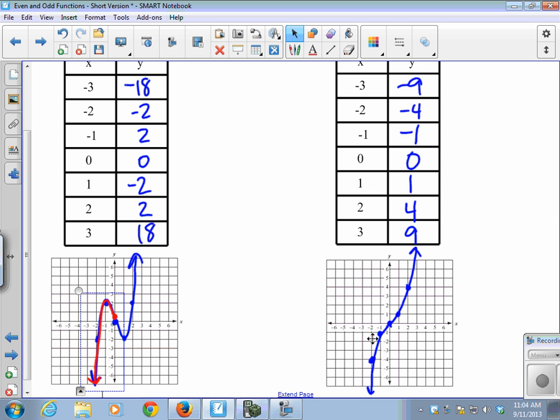Same thing would happen over here. I could take this part of the graph, rotate it down around, and it would match up with this side. So odd functions are going to have symmetry with respect to the origin.